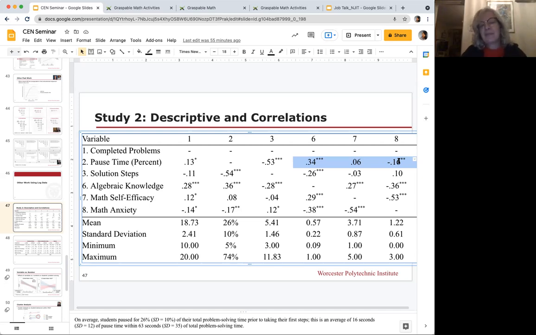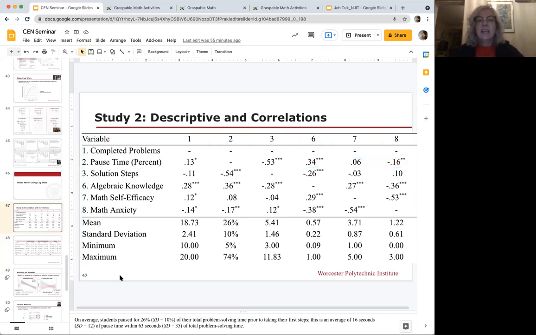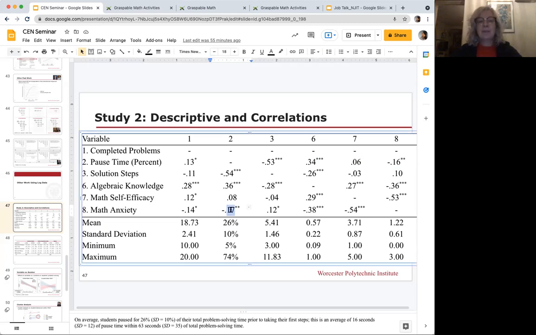I just want to make sure I understand this maths anxiety correlation correctly. So maths anxiety correlates positively with solution steps. The higher a child's anxiety, the more steps they use?